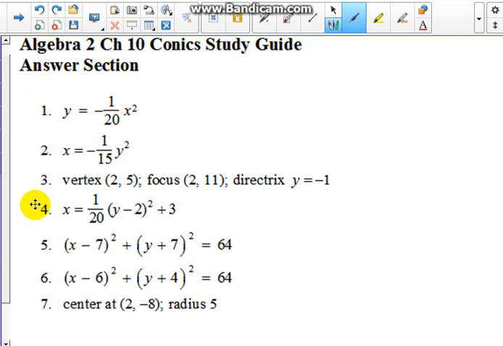So here's 1 through 7. You can pause and check those. I'm going to move on in 5, 4, 3, 2, 1.